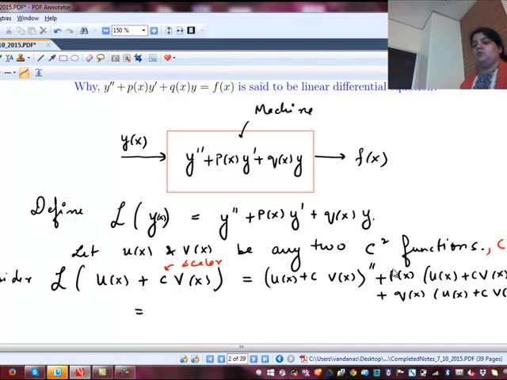So what can I write? Anyone? How can I simplify the double derivative of a sum of two functions? It's the same idea which I told you: e to the power 3x plus e to the power 5x double derivative will be what?